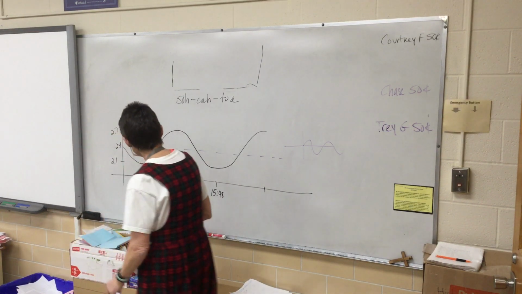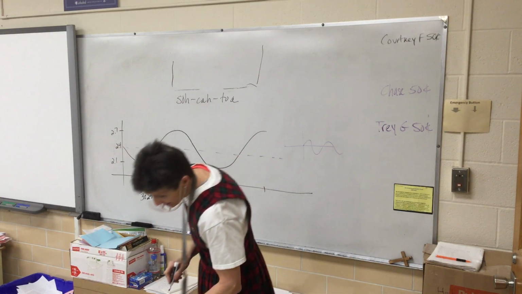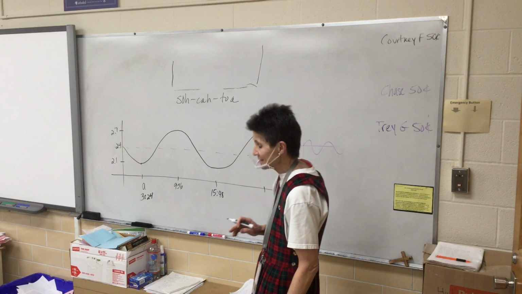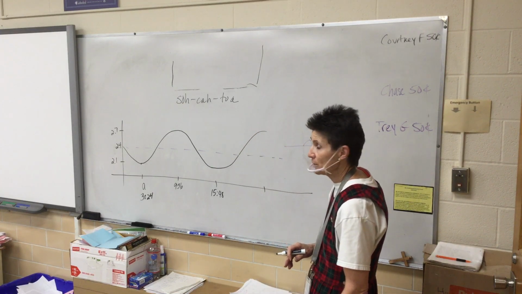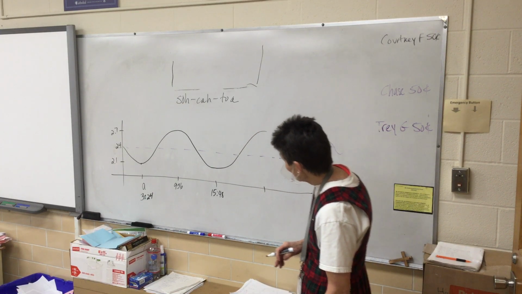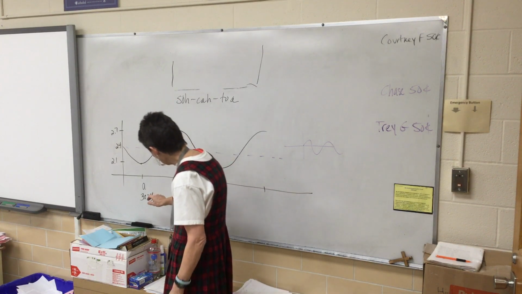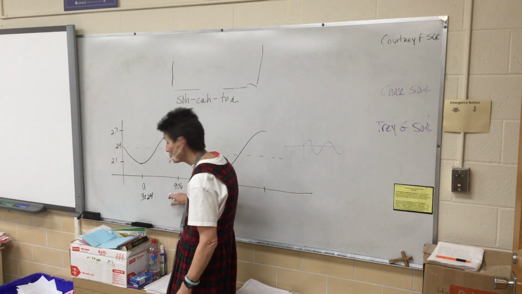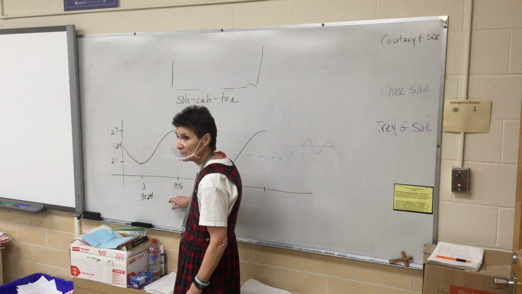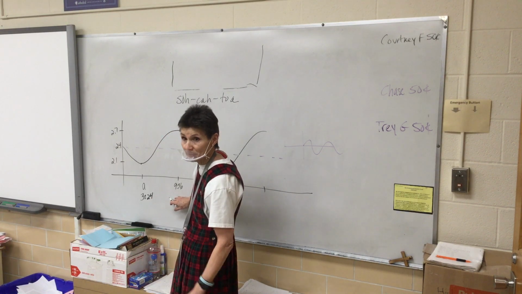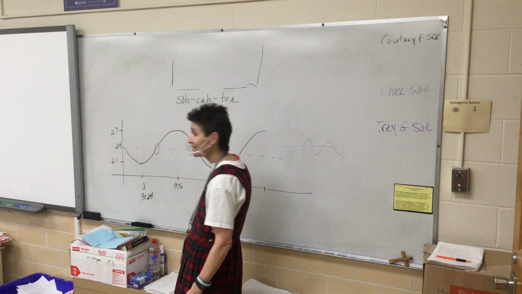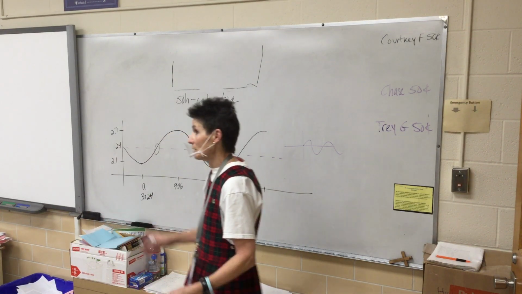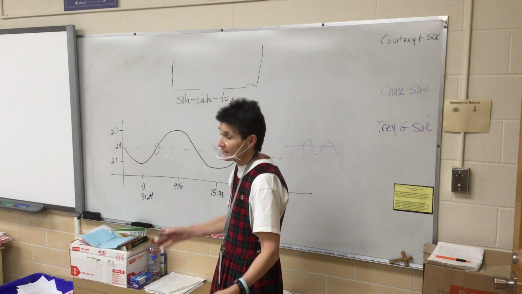So the question says, what is the approximate depth of the water at 6 a.m. and 3 p.m.? Now, wouldn't 6 a.m. be about halfway between these two right here? It says approximate depth of the water. What do you think the approximate depth of the water is at 6 o'clock in the morning?